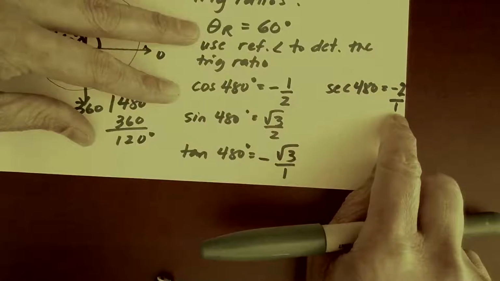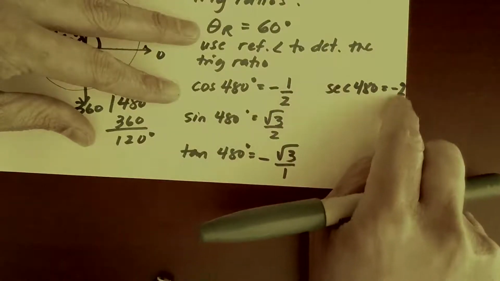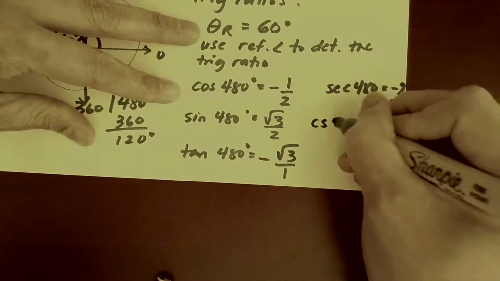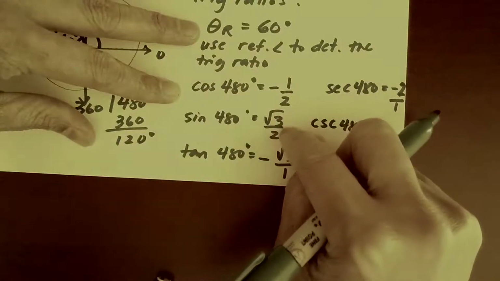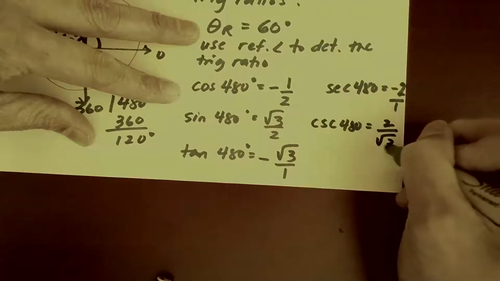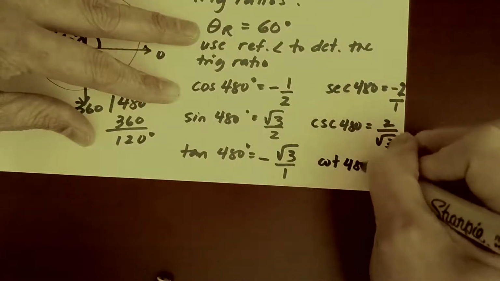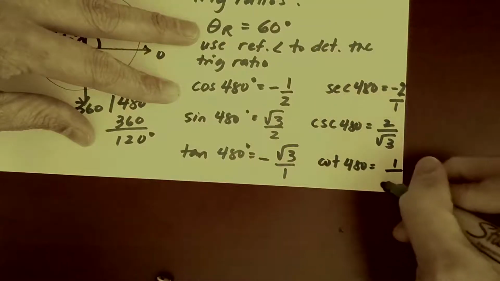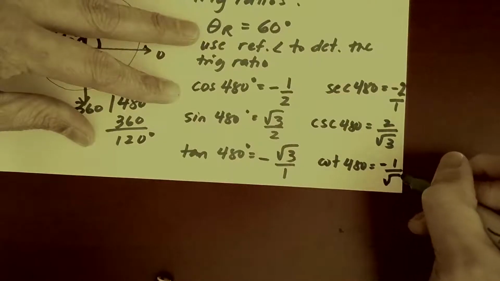I can put the 1 here, or I don't have to, but I just wanted to show that it's a reciprocal. Cosecant of 480 degrees is the reciprocal of sine, so it's going to be 2 divided by √3. And then cotangent of 480 degrees is the reciprocal of tangent, so negative 1/√3.